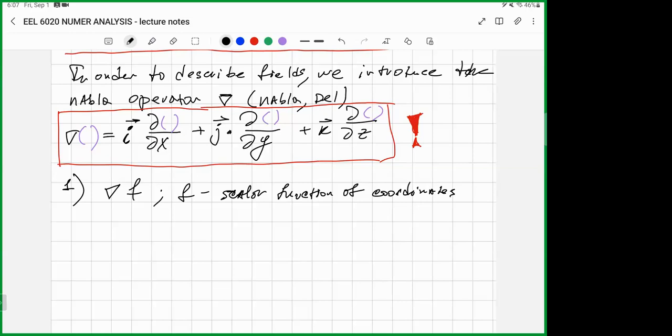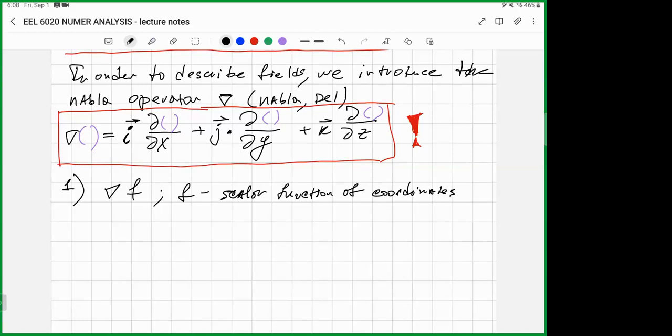For example, it can be temperature, like temperature in my room, it's apparently colder at the floor, and it's getting warmer by the ceiling, etc. So it's some function that changes as a function of coordinates.